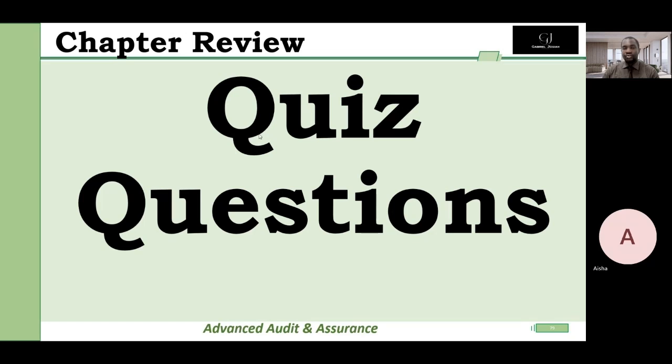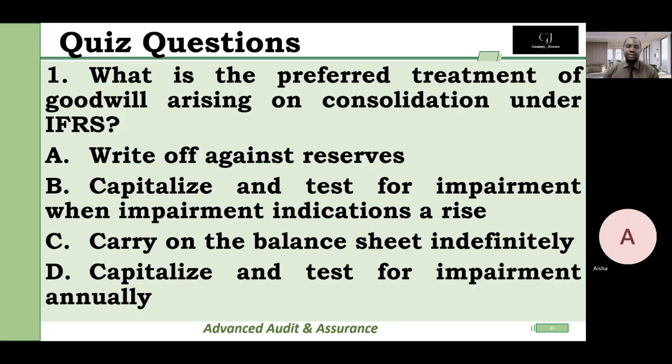Okay, so let's run through our quiz questions. As she comes in, she'll join us for groups. Number 1, what is the preferred treatment of goodwill arising on consolidation under IFRS? A, write-off against reserves. B, capitalize and test for impairment when indications of impairment arise.